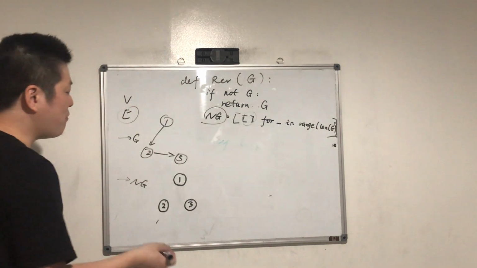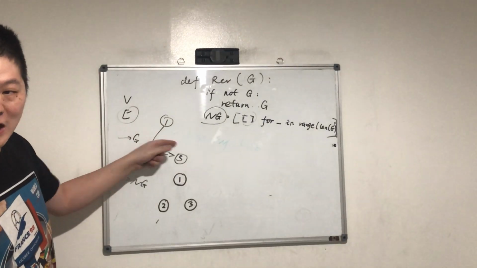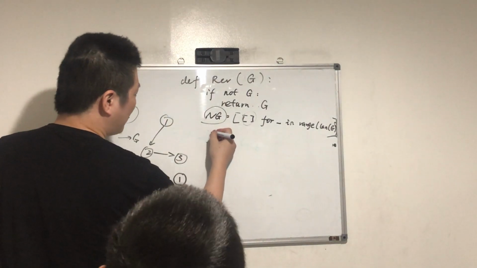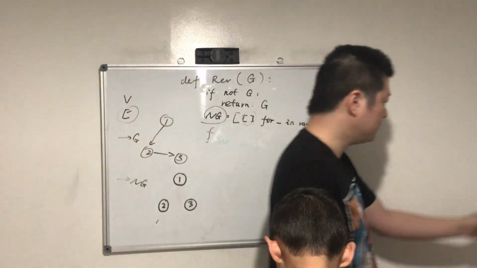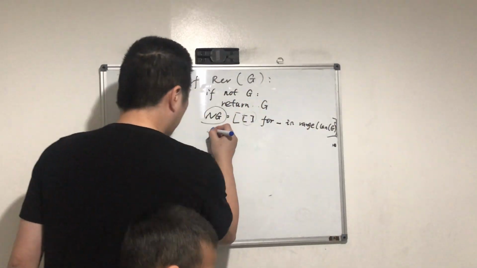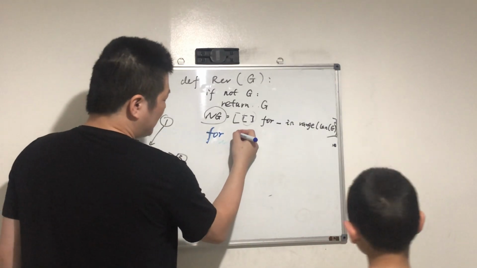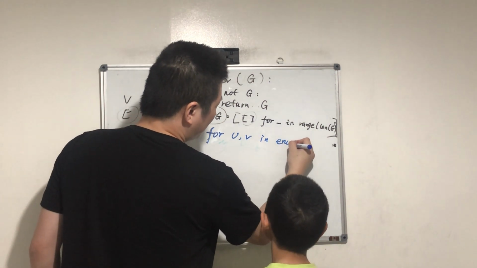Okay. Now we need to go through these edges. So now we do this: for u, v in enumerate of graph. Yesterday we talked about this function.